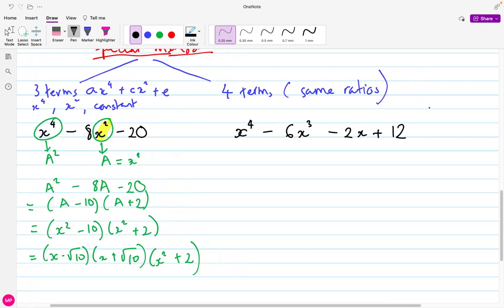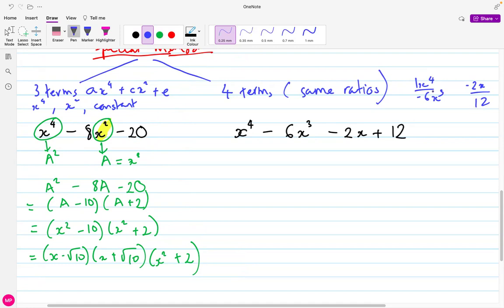So how do I know that I apply this method? So I check the ratio. You can see x4 divided by 6x cubed. Then you check with negative 2x and 12. So you can see 1 over negative 6 is the same as negative 2 over 12, right?